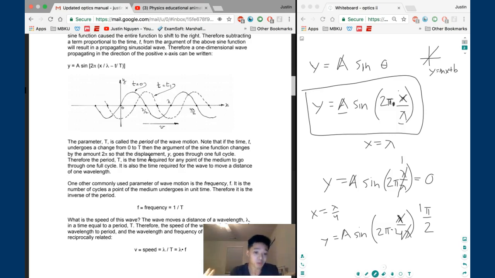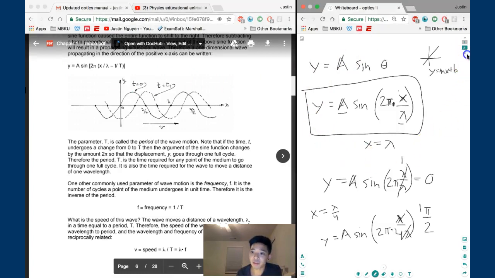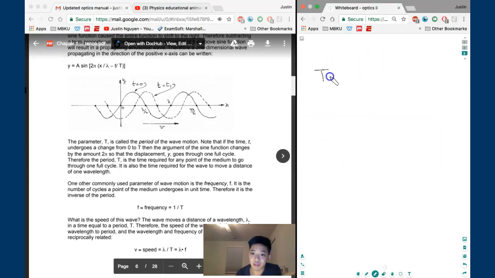It could be one. And that makes sense, because if T is 1, then F also has to be 1. If T is 1, then F, of course, is the reciprocal, meaning 1 cycle per second, and this is 1 second. Remember, frequency is how many cycles you can fit into 1 second.